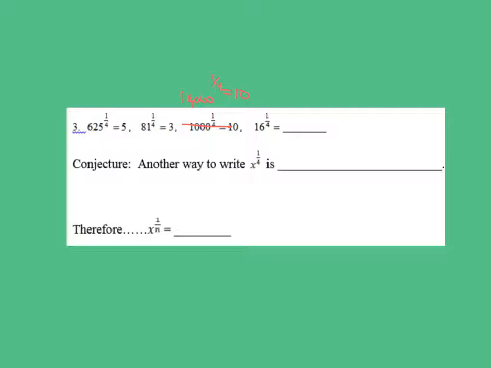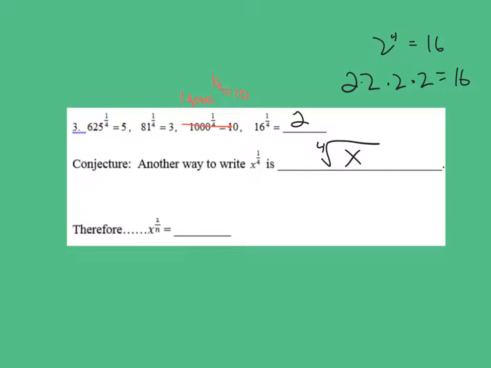What happens to 16? What to the 4th power gives me 16? Well, that's 2. 2 times 2 gives us 4, times 2 gives us 8, times 2 gives us 16. So 2 to the 4th gives us 16. By that rationale, x to the 1/4 should be the 4th root of x.